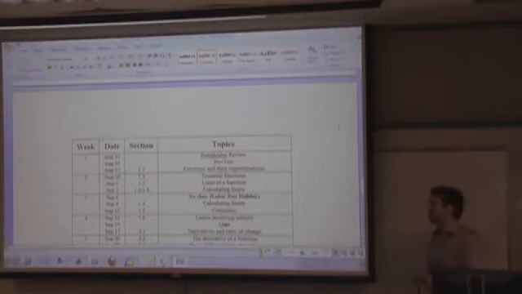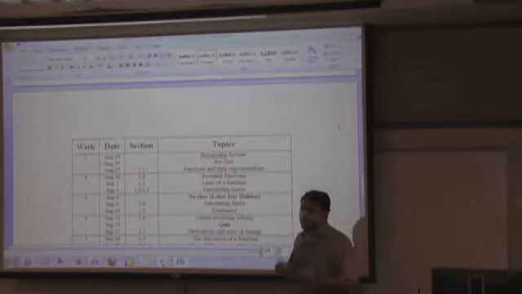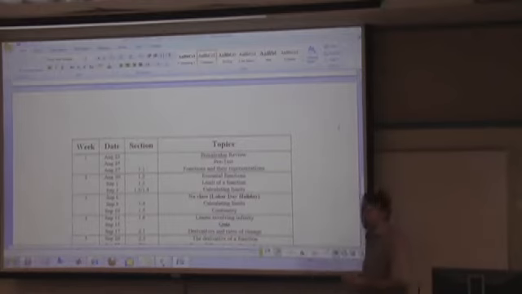But my main goal is to make sure that you understand the material. So if we have to go a little slower, then I can probably do that, just to make sure that we're covering something, or maybe I'll spend an extra day on a particular concept that the majority of you are struggling with, or so on and so forth.